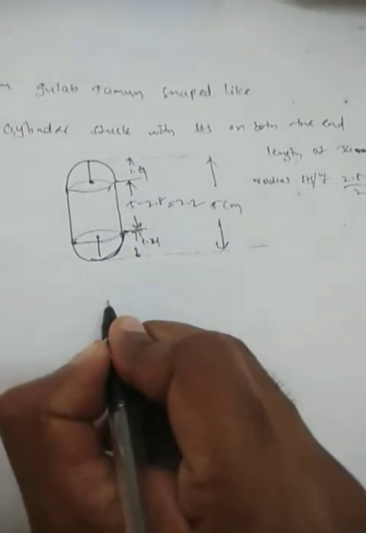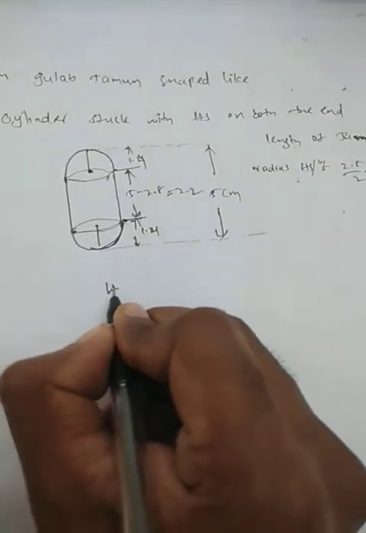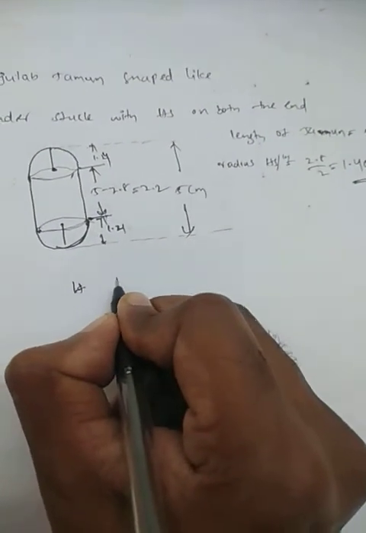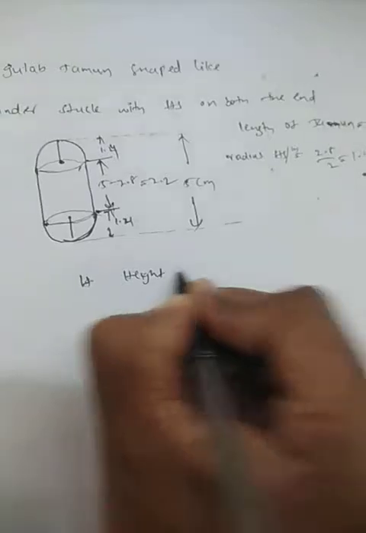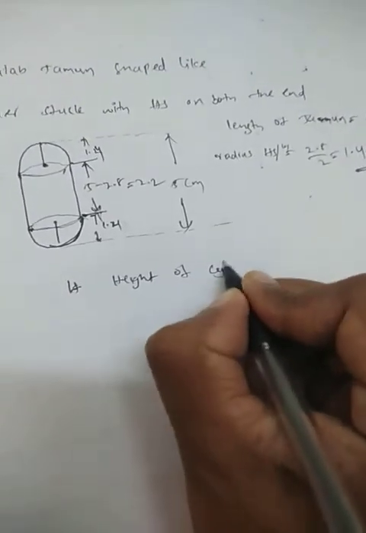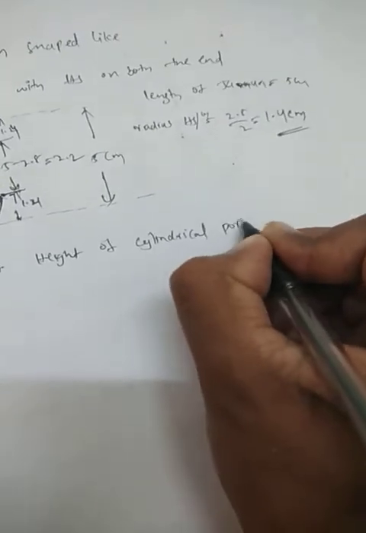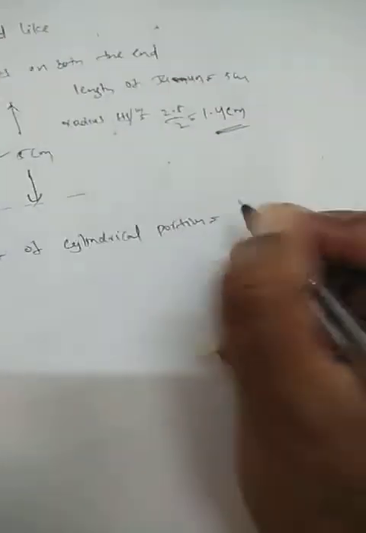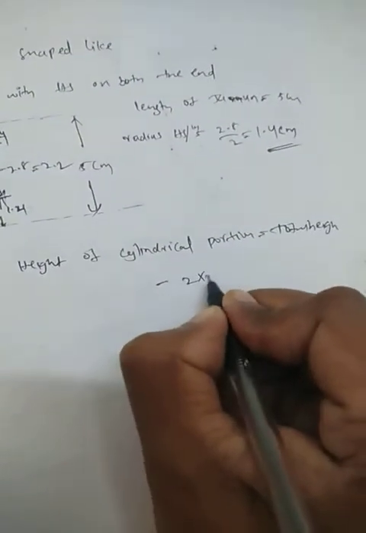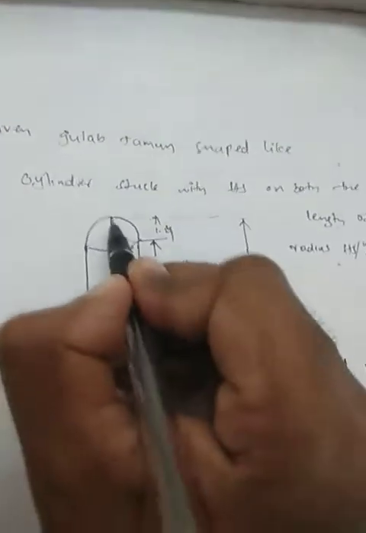So the height of the cylindrical portion is equal to total height minus 2 into the radius of the hemisphere. Why am I saying this? This radius becomes height here.